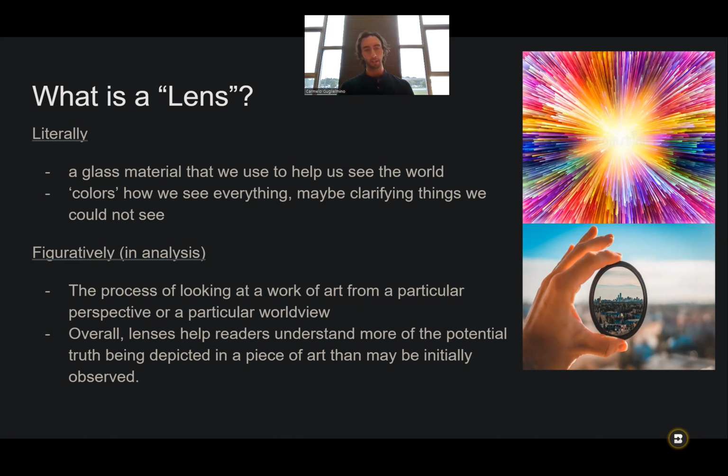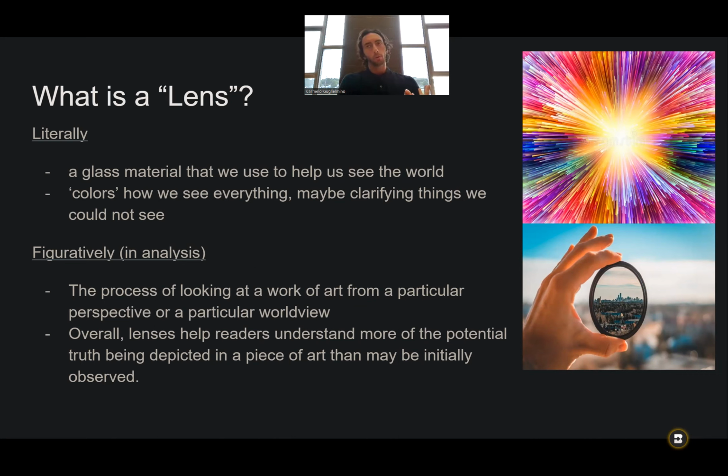So the figurative meaning, the actual meaning behind what a lens is when we are analyzing a piece of literature or a piece of artwork in general, is, as it says here, the process of looking at a work of art from a particular perspective or a particular worldview. So we have an object, a feature, as we're going to say later on, in a piece of artwork or a piece of artwork overall, and we are looking at it through a particular perspective, through a particular worldview.